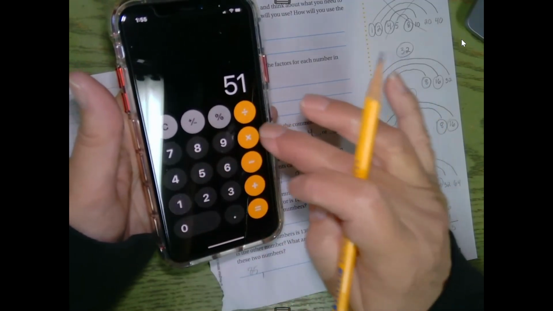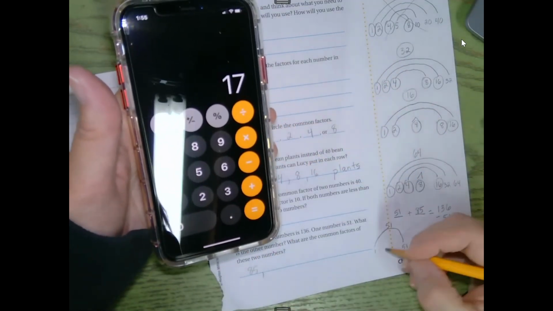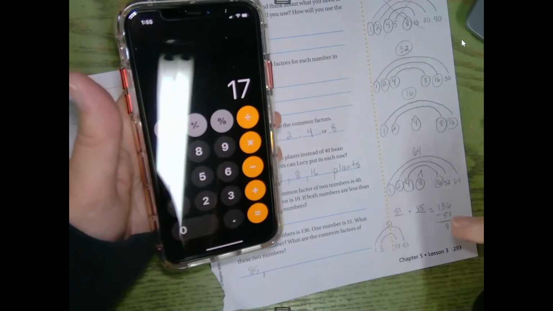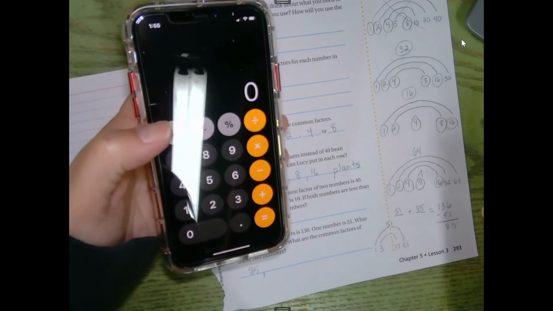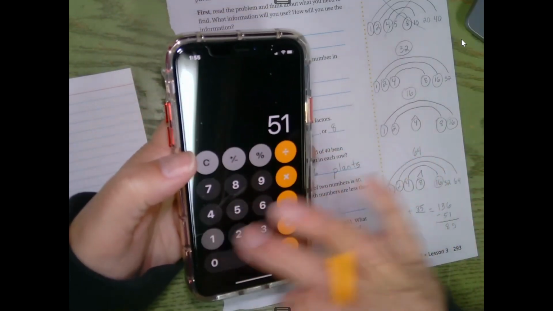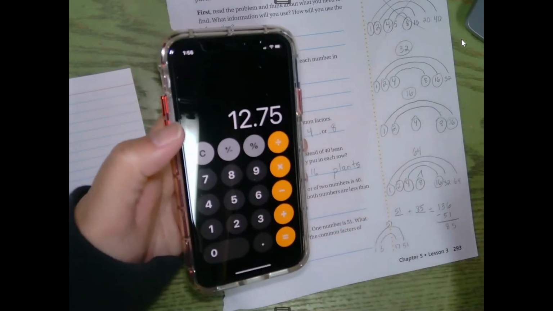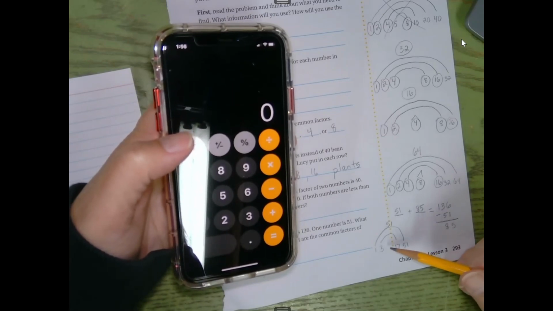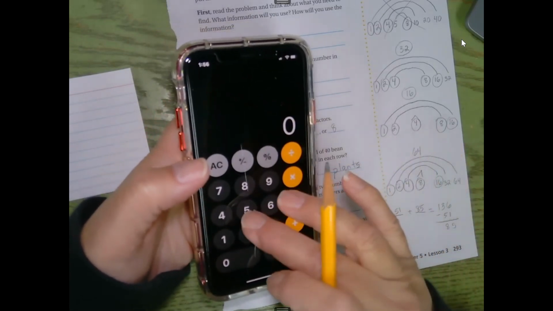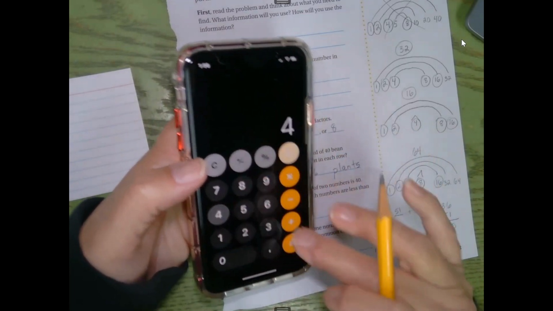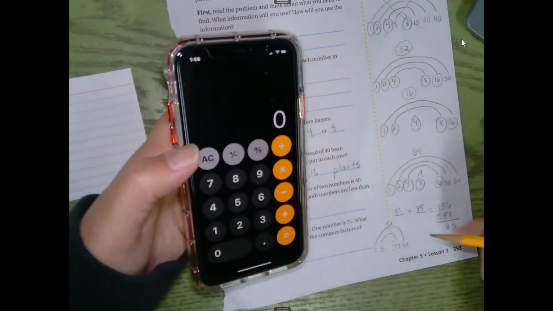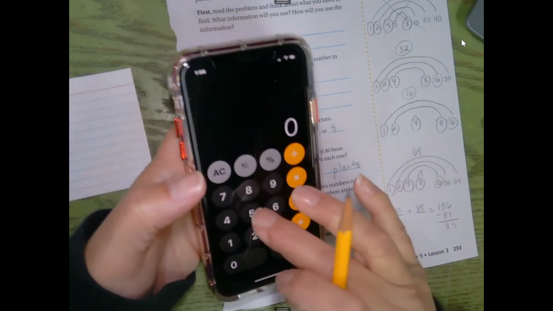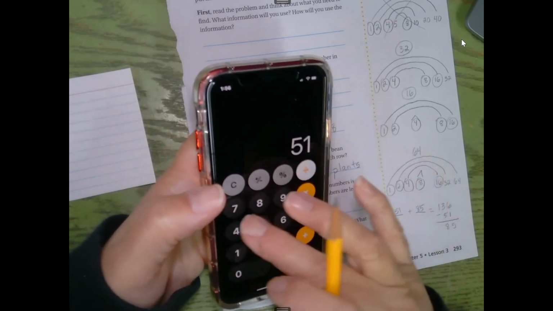Okay, I know that 2 does not go evenly into 51, but I wonder if 3 does. 51 divided by 3 equals, oh, it does. Okay, so 3 and 17. I wonder if 4 can go evenly. 51 divided by 4. No, I don't get a whole number, so it can't be that. 5, no. 6, no. Let's try 7. 51 divided by 7.